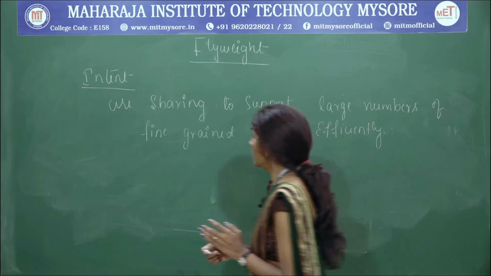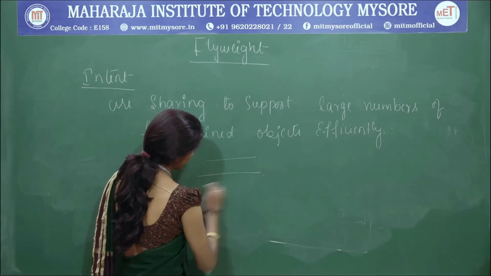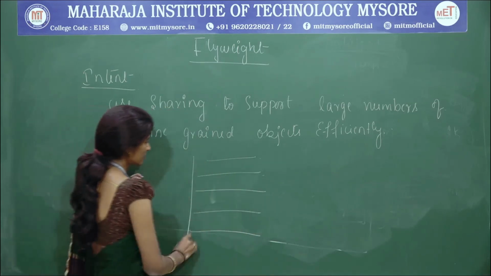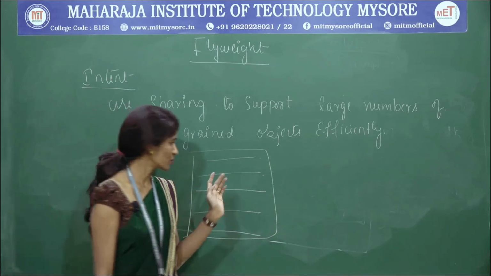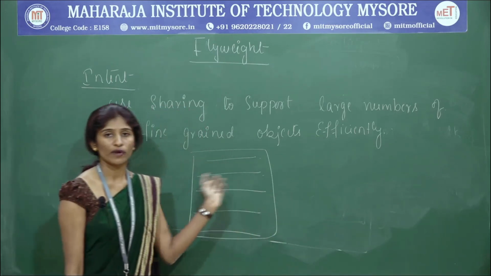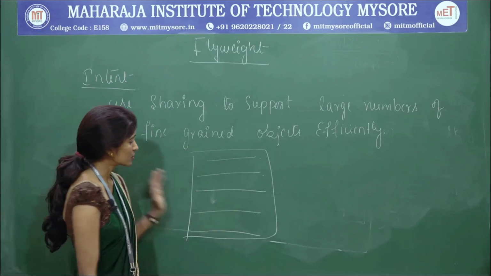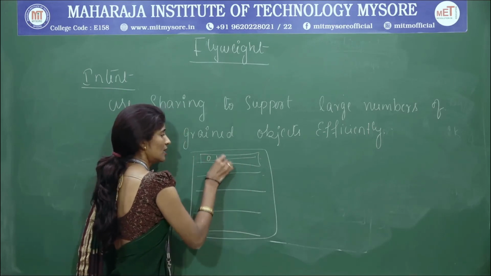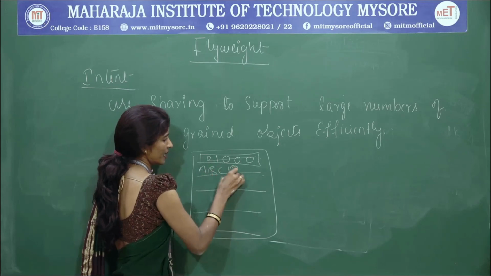For example, consider a document like this, which contains so many lines, horizontal, row-wise, and even column-wise. In this row, you may have so many characters.